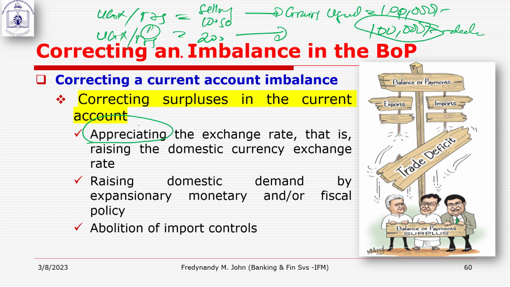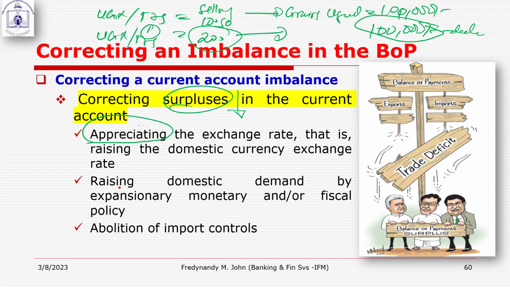They won't be able to purchase goods and services from your country any longer, because it is more expensive for them. And by doing so, the level of exports from your country will decline, and so will the surplus.